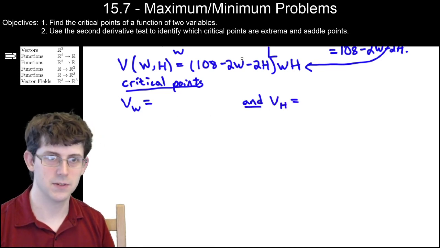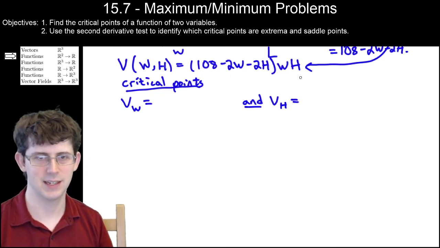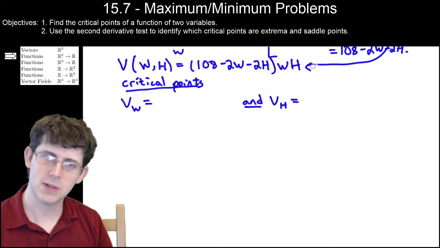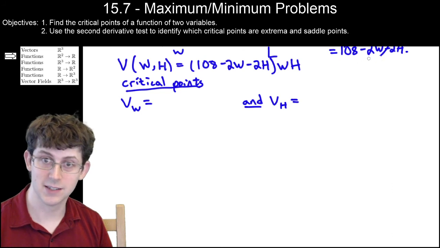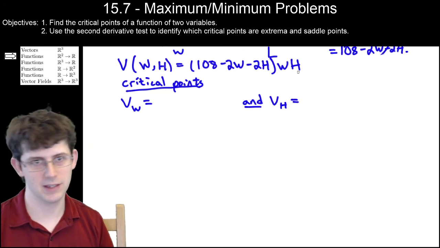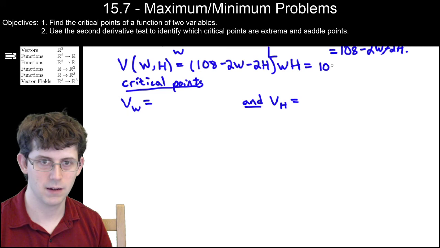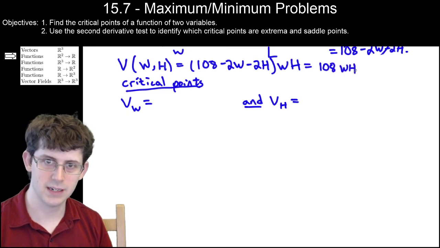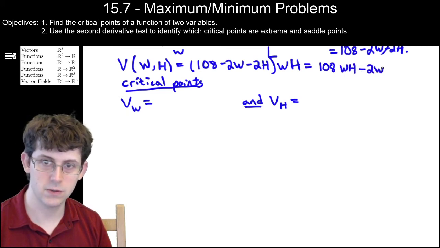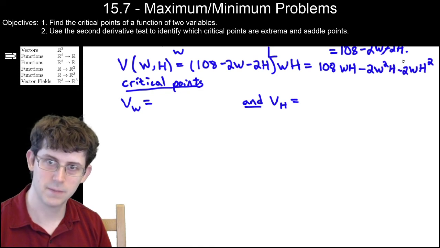Oh, I didn't multiply it out. Since I'm going to be doing more math with this objective function, I clearly should multiply it out. I don't want to be doing the product rule over and over. So this is 108wh minus 2w squared h minus 2wh squared.